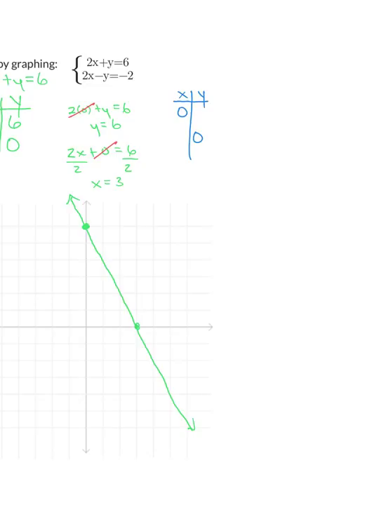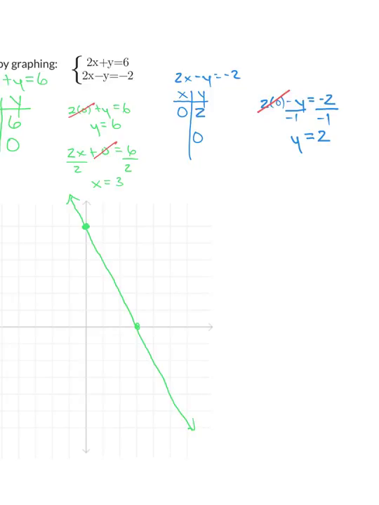if I plug in 0 for x, I'm going to get 2 times 0 minus y equals -2. My x term cancels, and I need to divide by -1 to get y by itself. So we get y equals +2.